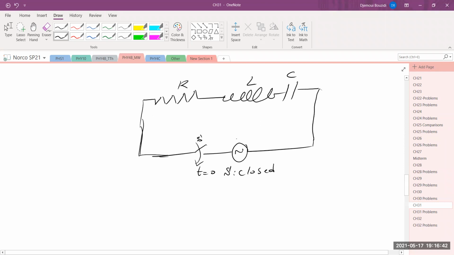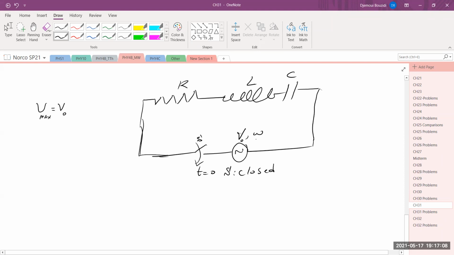And the voltage, I'm going to call it V naught, which stands for V max. Instead of taking forever to write V max, I'm going to call it V naught. And the frequency is some frequency, which I'm going to call it also. I don't like this V naught because we will have an omega naught in the circuit, and we will have its own omega in here.